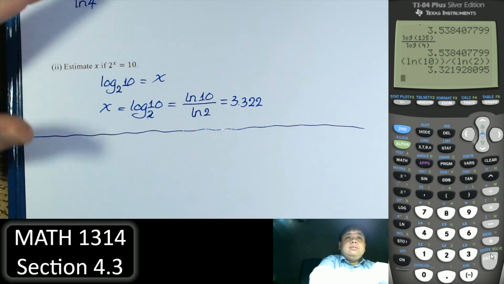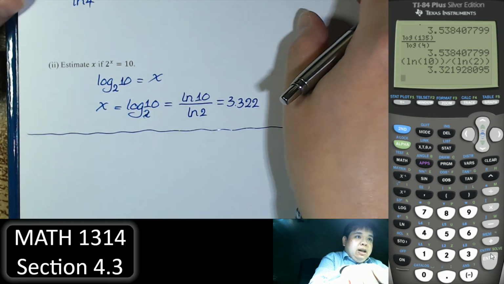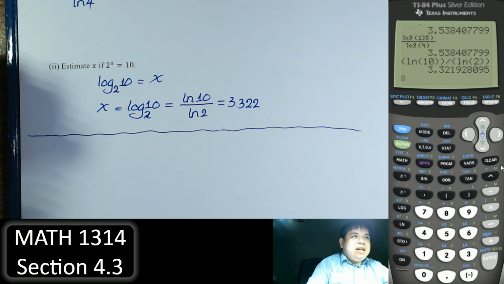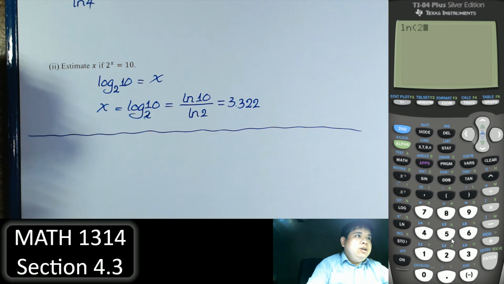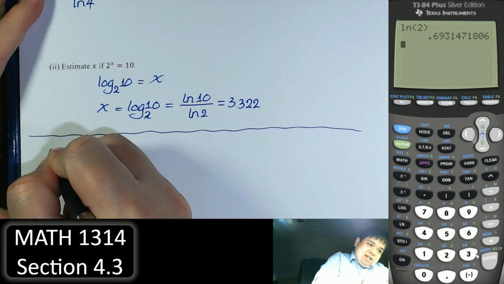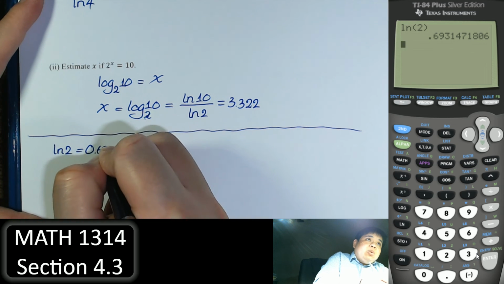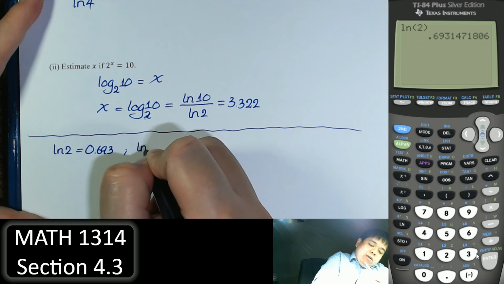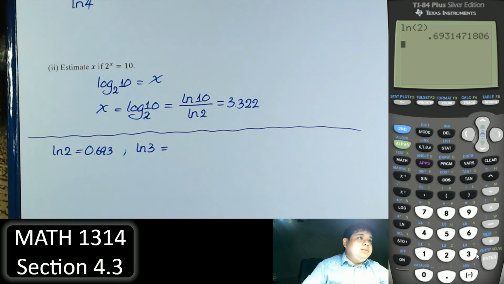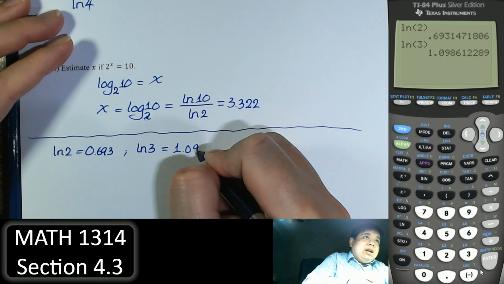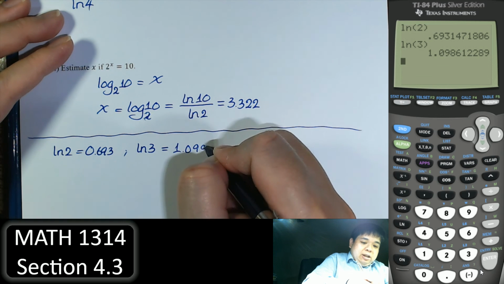Right. And finally, just going to answer this question. Let's say we have ln of 2 is 0.693 and ln of 3 is 1.099.